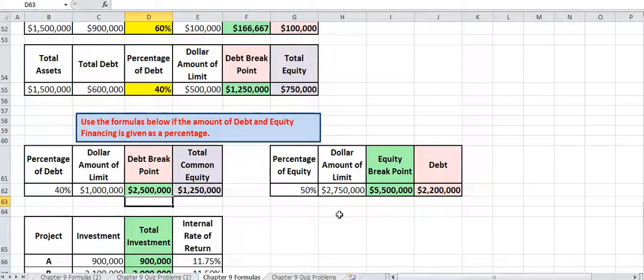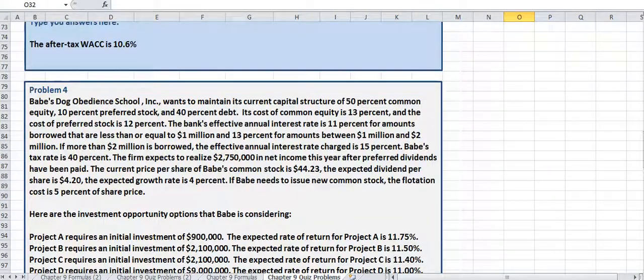So we want to use our least expensive capital as defined in the problem. The lowest that we're going to pay for debt is 11%, and for equity, common equity is 13%, and preferred stock is 12%.